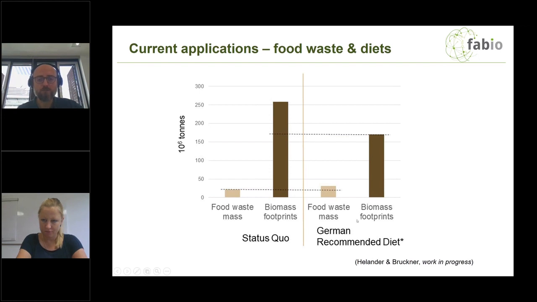And you can see that the biomass footprint would decrease, but actually the quantity of food waste would increase. That's because the waste shares are higher, for example, for fruits and vegetables than for meat and milk. So the amount of waste would increase, but its footprint would be reduced still.